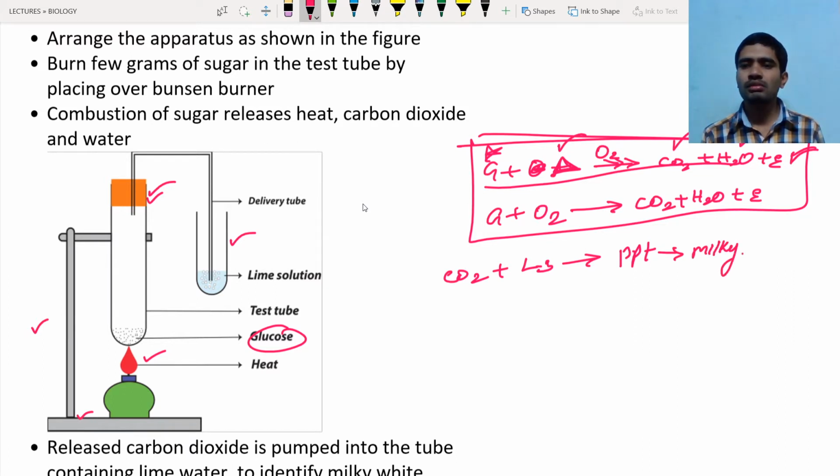It is going to look milky white. It is not milk, but it looks like a milky white solution. So to observe whether the gas released is carbon dioxide or not, we use the lime solution.